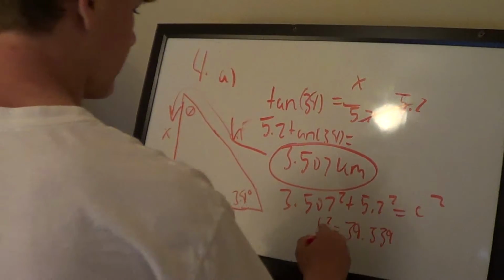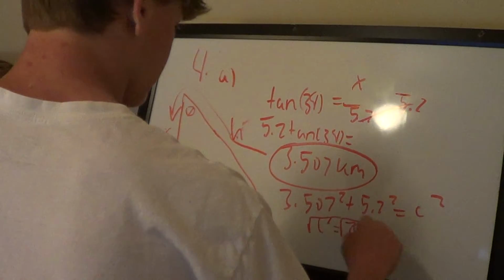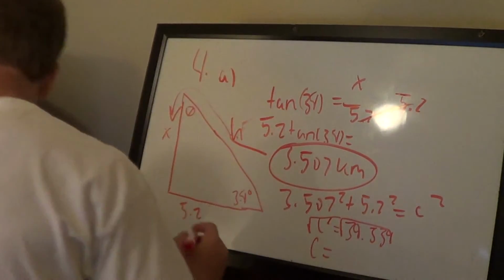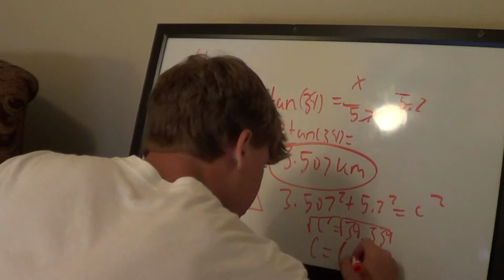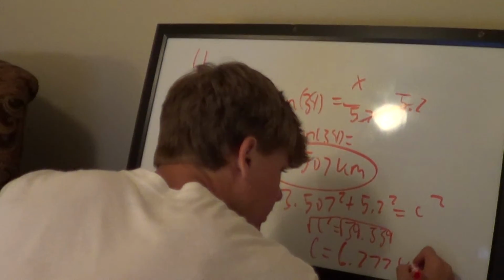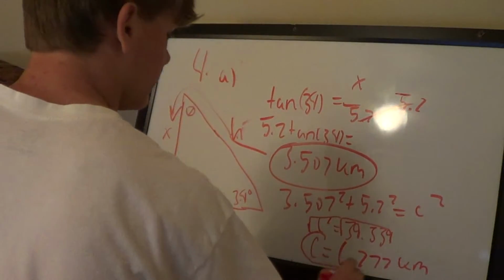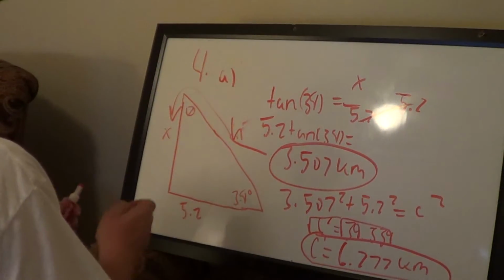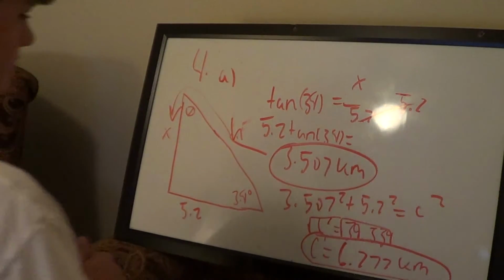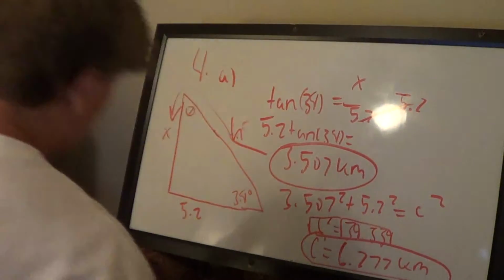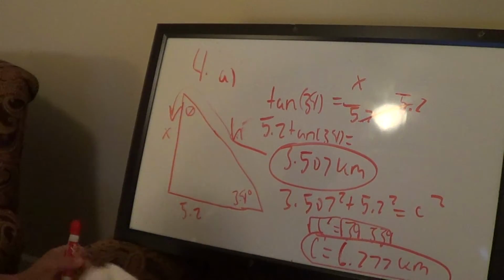And then you have to take the square root of that, because that is still squared. So it becomes c equals 6.272 kilometers. And that's your final answer for how far the missile is from the observer. So this is the answer to A, this is the answer to B. Alright.